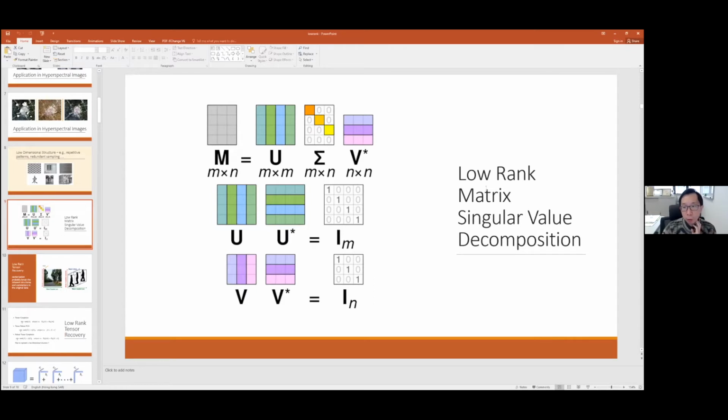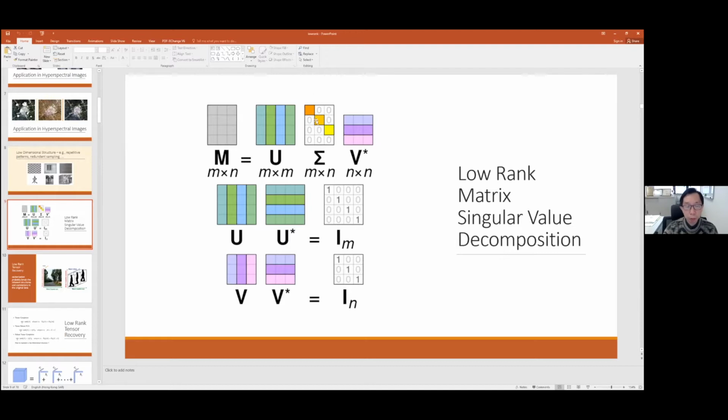Okay, so for a low rank matrix, you can see that with the singular value decomposition, if some of the singular values are 0, in particular if you have an m by n matrix with only a few non-zero singular values and the others all 0 in this diagonal form, then even though there are m by n entries in this matrix, it can be represented by only a few bases and the singular values.